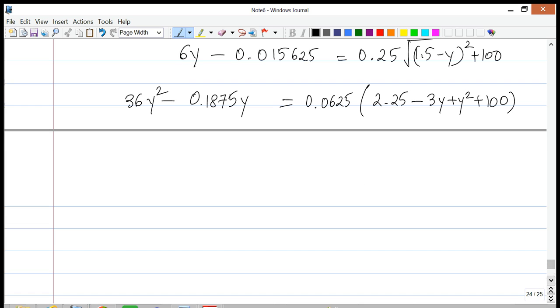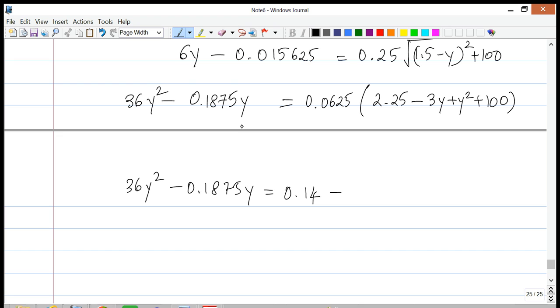Alright, so we're very close to the answer now. I know this is not pretty, but there's not much you can do here. So you get 36y squared minus 0.1875y is equal to, and if you multiply 0.0625 with this, you get approximately 0.14, minus, we get 3 times all this, what is that?